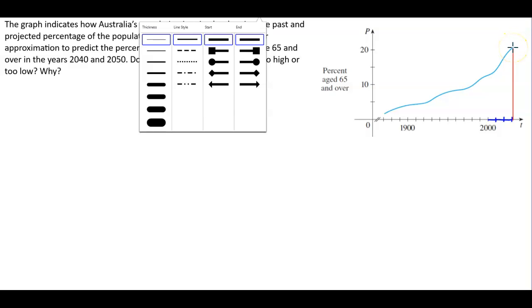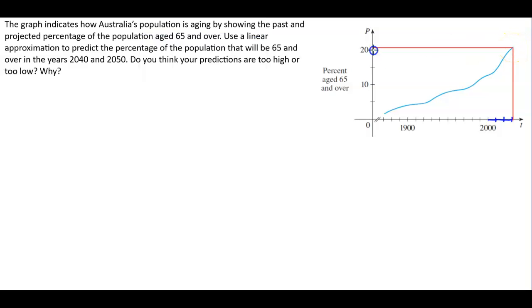We can estimate this point, and we can call this point the year 2030. It's going to be around 21%. So there is the ordered pair that we're going to use.